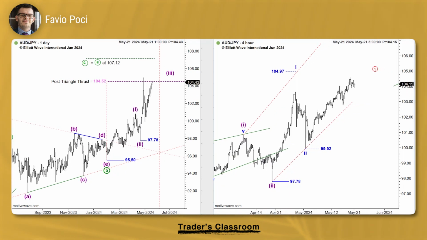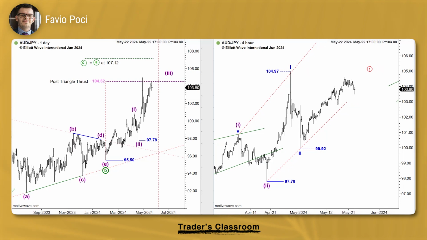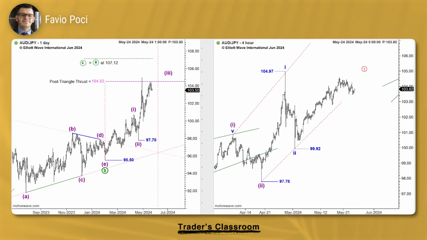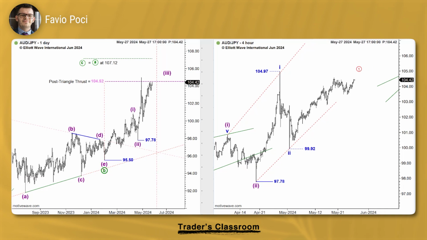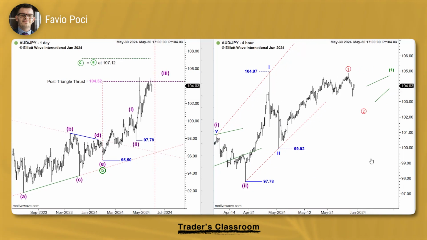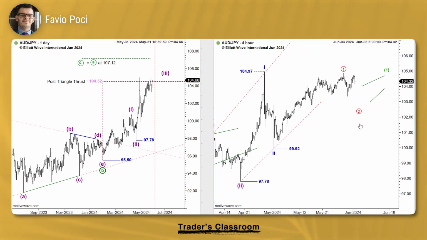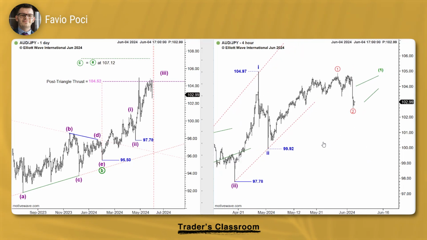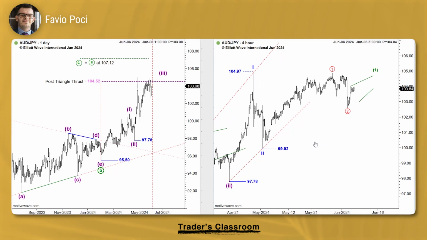So you can see that we're just rising in a slow fashion. We lack that impulsive breakout. We have approached the trend line here, so just put another 1, 2, 1, 2 there, and that's just not how I like to count this.